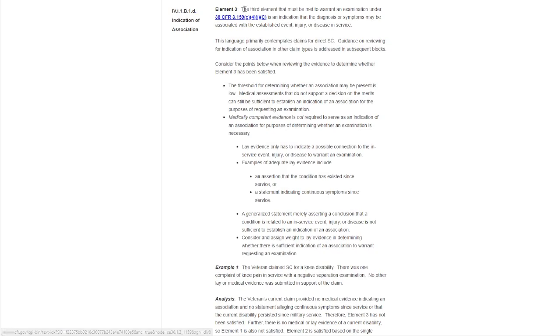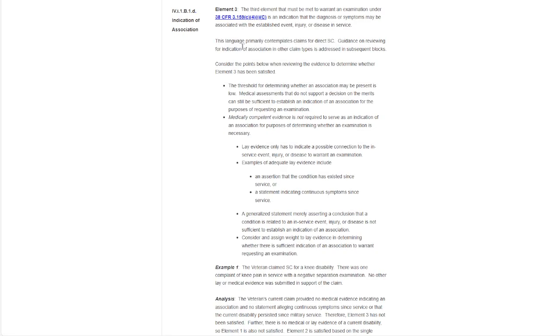During that review, element 3 is considered. If you made a statement of, I've had knee pain since my injury in service, that would be a chronicity statement. Element 3 deals mostly with chronicity during this review, in order to justify and warrant you getting an exam.